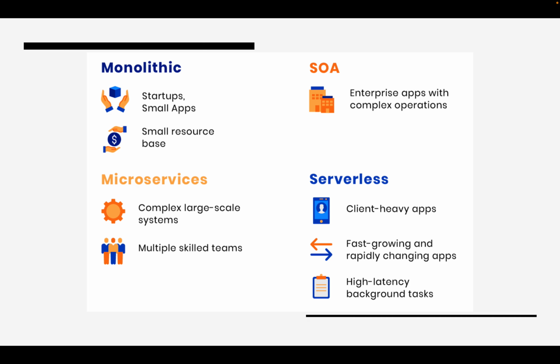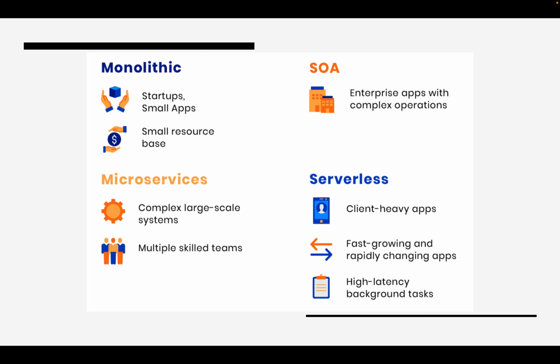Service-oriented architecture is good for banks or other complex large enterprises. Microservices are good for large teams, and when these teams need to work independently and cannot communicate with one another frequently.